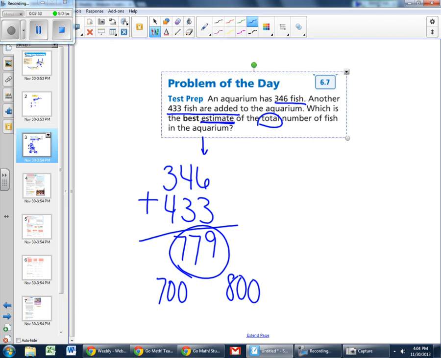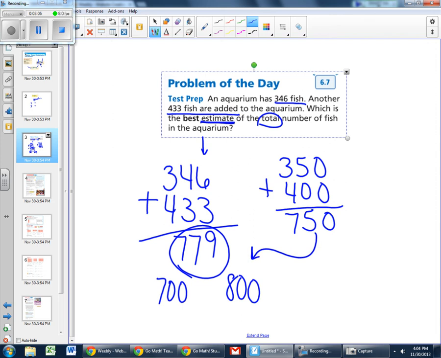The other thing we could have done is add 350 plus 400 by estimating those. And again, figuring out, is that closer to 800 or is it closer to 700? So your answer would be, both of them are closer to 800 for our problem of the day.